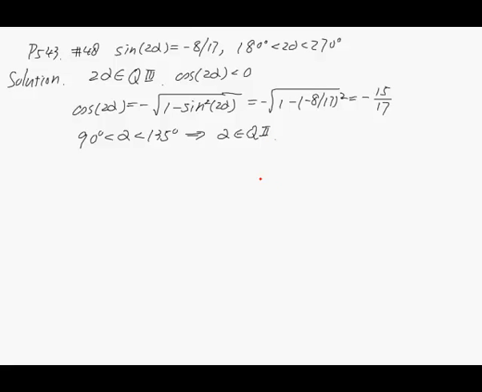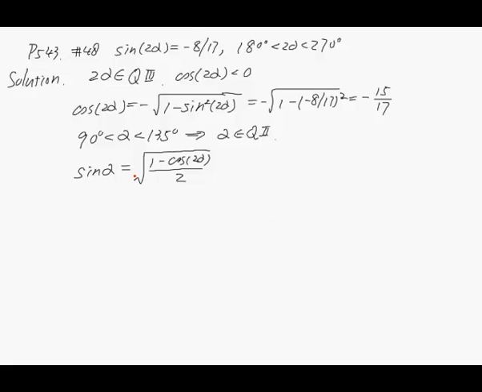Now, by using the half angle identity for the sine alpha, since alpha is in quadrant 2, sine alpha is positive. Then by the half angle identity, sine alpha is equal to the positive square root of 1 minus cosine of 2 alpha over 2, right?